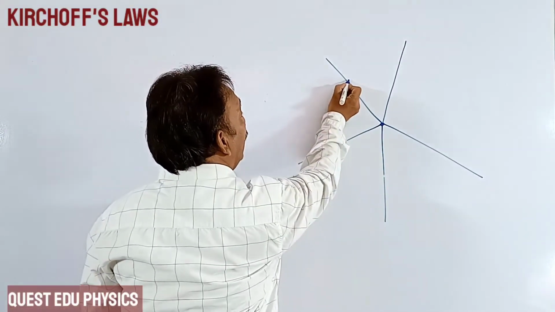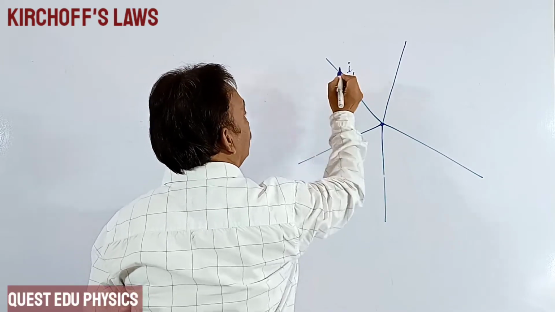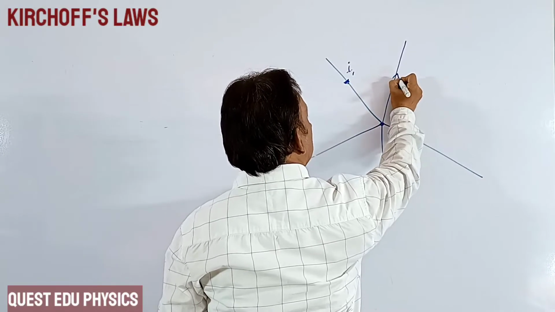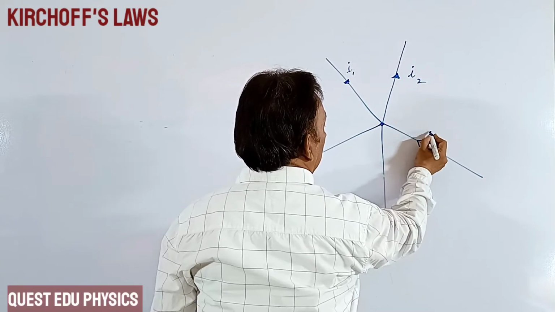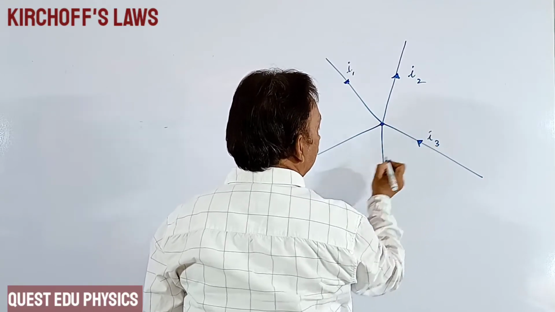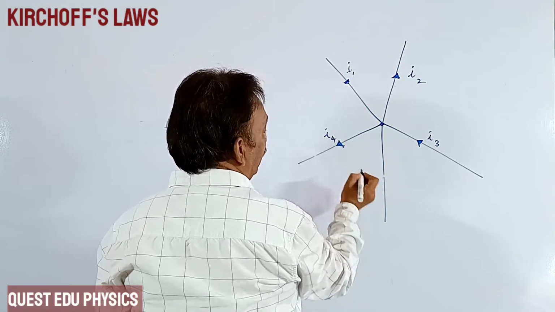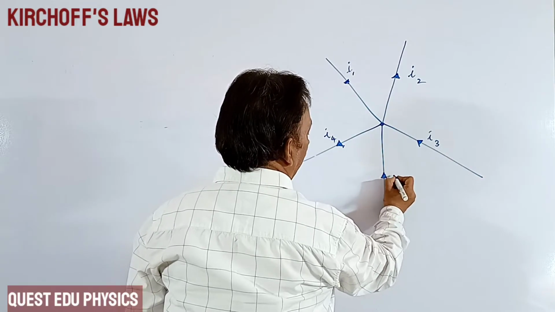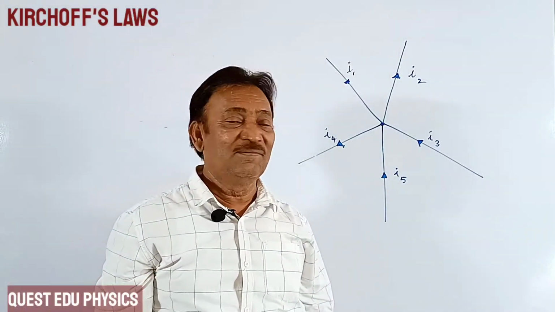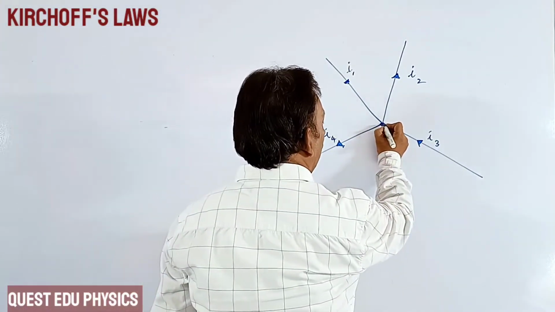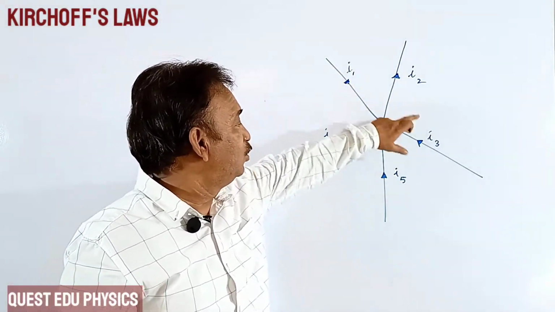Let's say a current I1 is entering the junction, and I2 is leaving the junction. Here I3 is entering the junction, I4 is leaving, and I5 is entering. It's a junction where circuit elements are meeting.